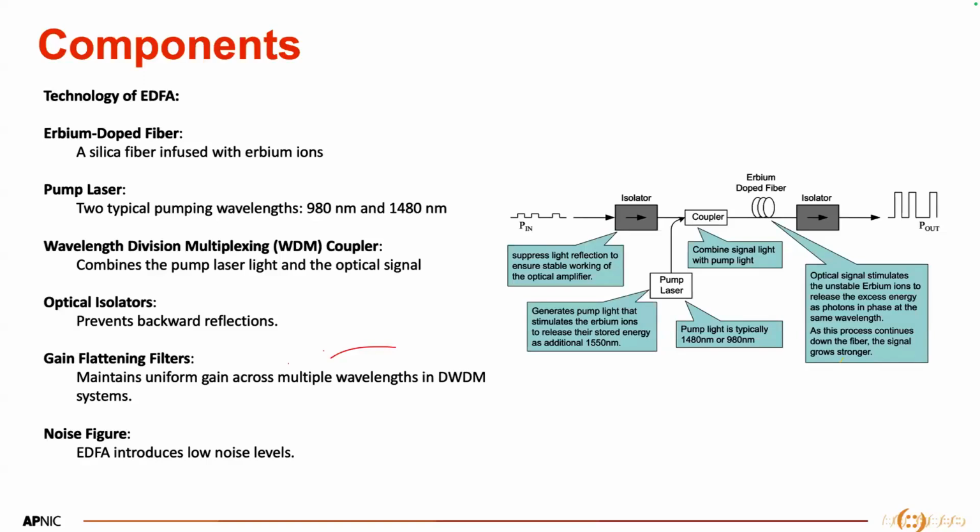After passing through the EDFA, after being energized by the laser pump and coupled by the coupler, the weak signal becomes strong and amplified. So this is the working principle, or concept, of the optical amplifier.